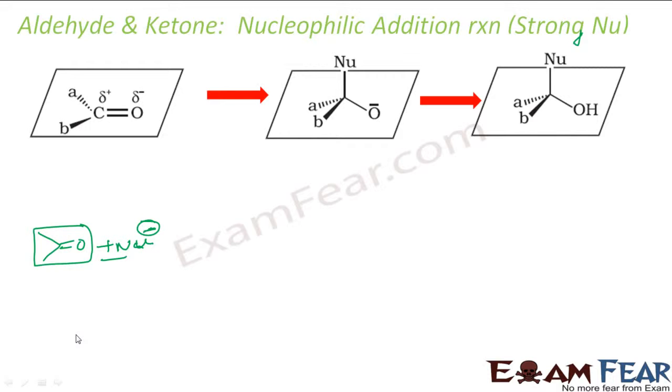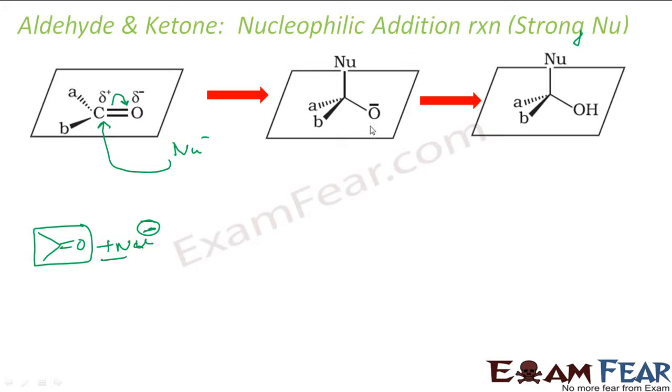If you see the reaction mechanism, we have discussed this many times. Oxygen is more electronegative than carbon, so oxygen gets a slightly negative charge and carbon a slightly positive charge. Since carbon is slightly positive, the nucleophile with a negative charge will attack this carbon, and this bond will break in this fashion.